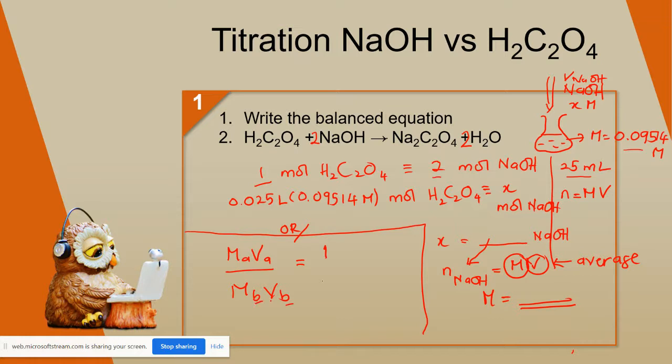And you can substitute. You know the molarity of acid, you know the volume of acid as well, and you know the volume of base. And you can solve for the molarity. This is quite straightforward, shorter than the one before, but same concept.